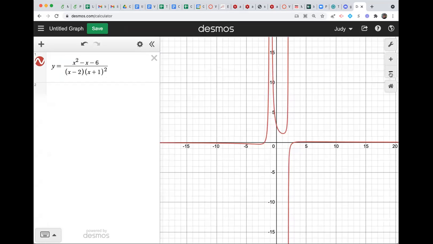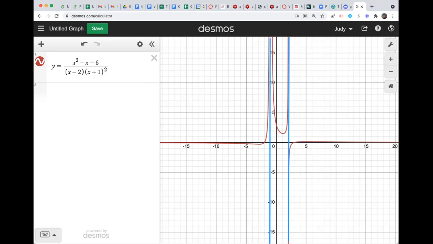All right. Now, if I were to go ahead and draw in my vertical asymptote, I would notice that right around here at x equals 2, there's a vertical asymptote. And there's also one right around here at x equals negative 1.